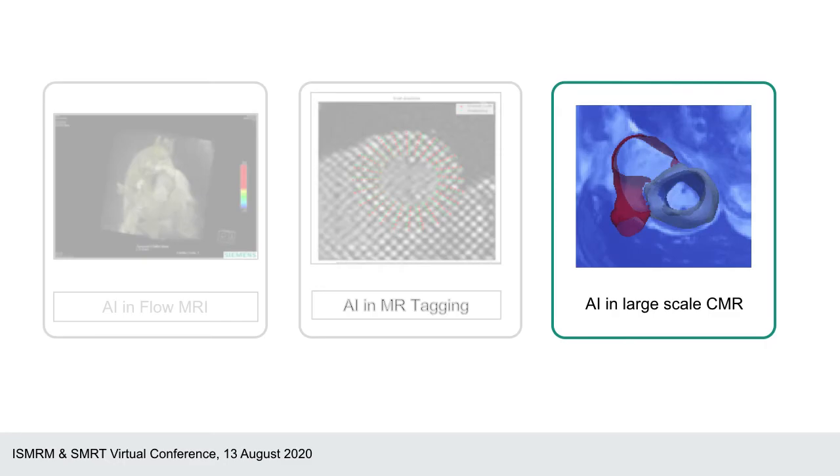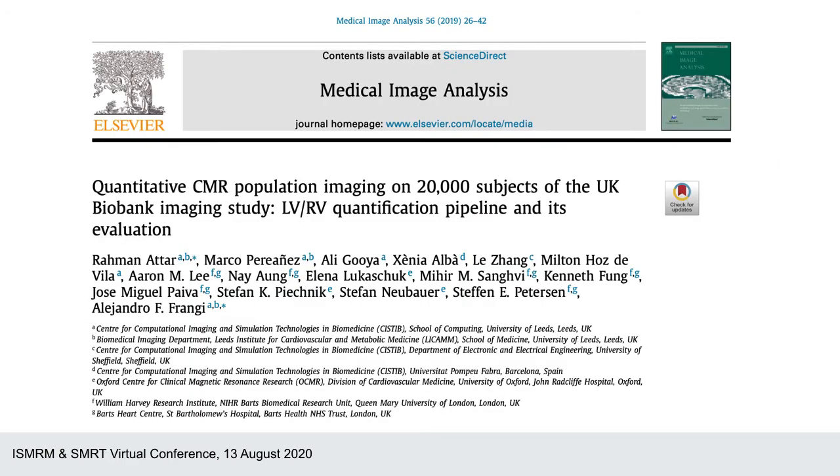The last example that I would like to show is the AI in large-scale CMR data. So this is the work of a group in Leeds. They have built an automatic pipeline to quantify CMR images from large-scale data.